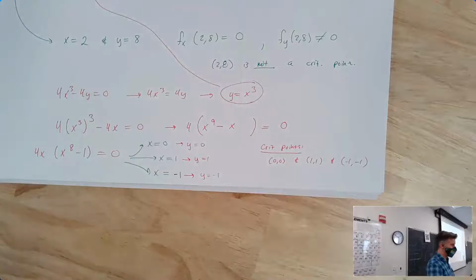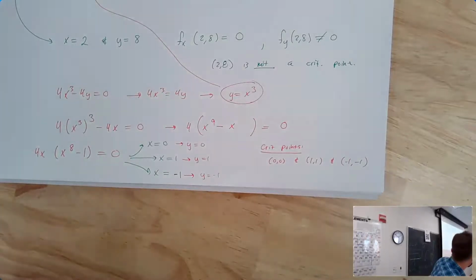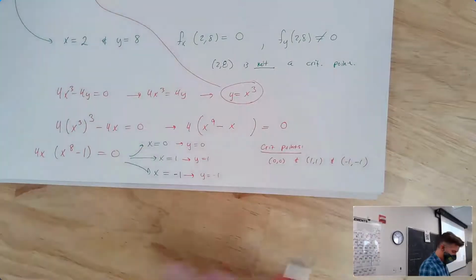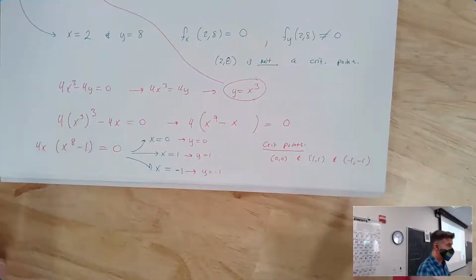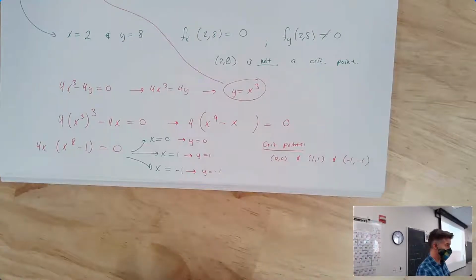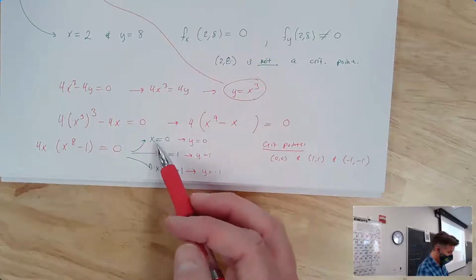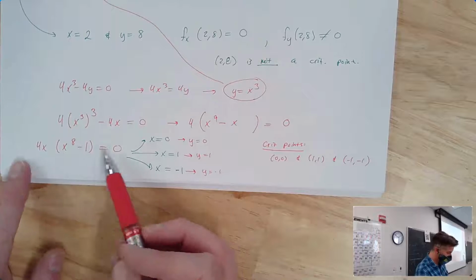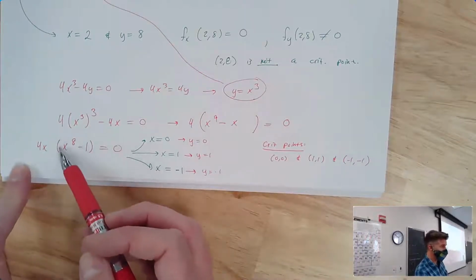Meaning we have to find, oh yeah. Why is it (0, 0) and (1, 1)? Like if we had solved, if x were to be equal to 2, for example, would a critical point be (2, 2)? No. Here's why. If x is 2, this equation will never equal 0.